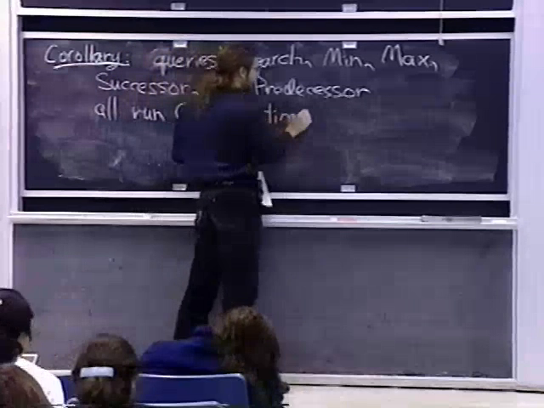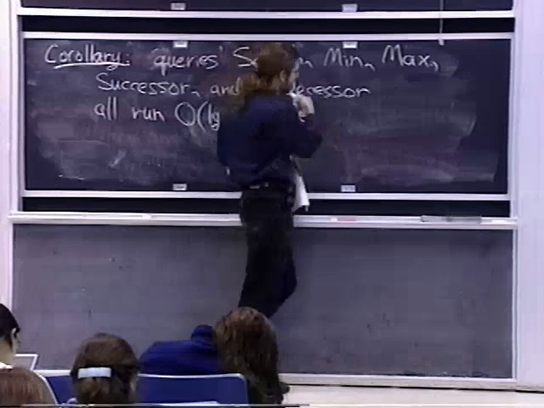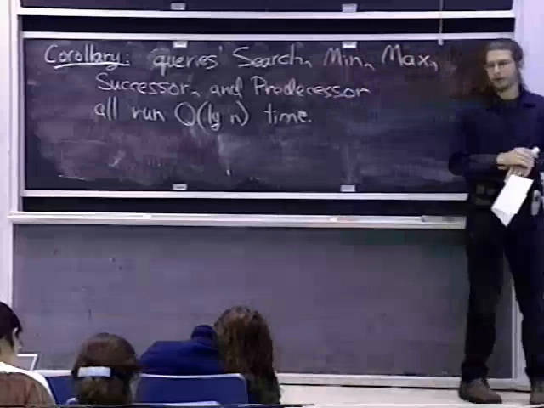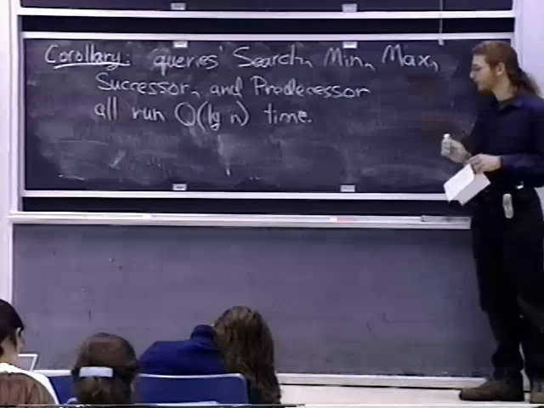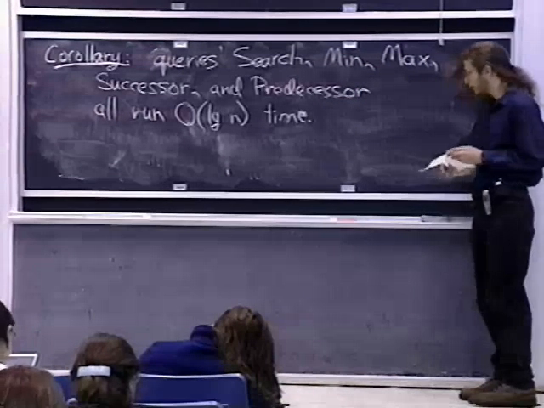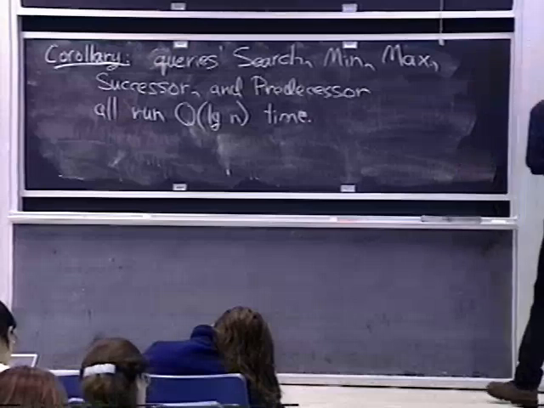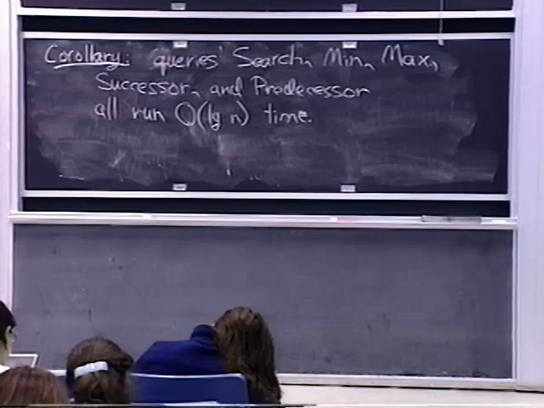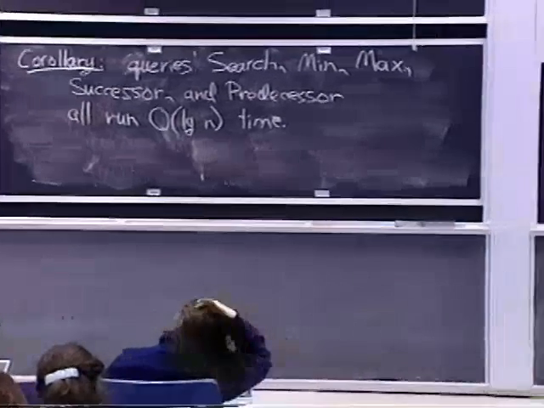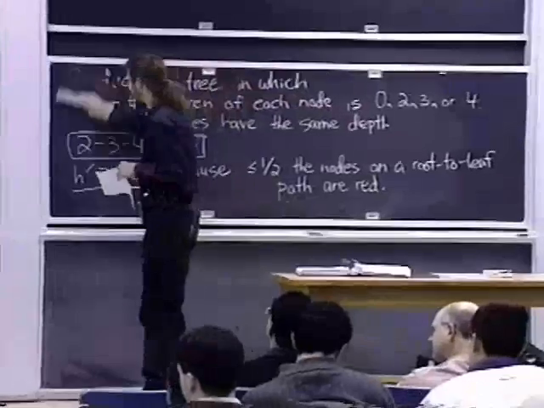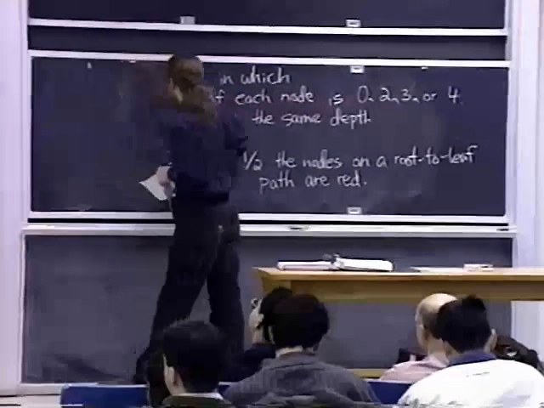Okay, you just walk down the tree. Or in successors and predecessors, you walk up and down. But this is all straightforward stuff. Okay, so queries are fast. The hard part is updates. How do we do insertions and deletions and maintain all of these nice properties?